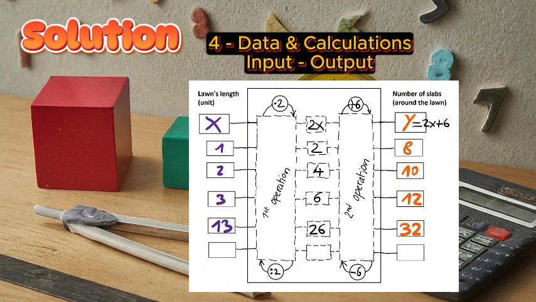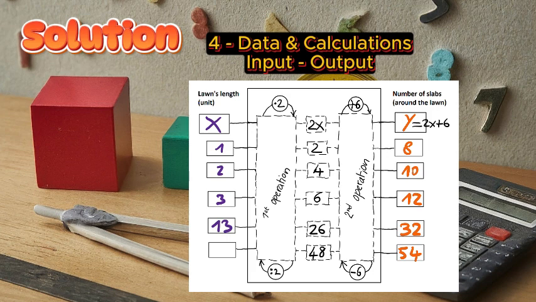In order to answer the second question of the problem, we enter the output value y equals 54. Thus, by performing the inverse operations of the machine, we get the intermediate value 54 minus 6, that is 48.